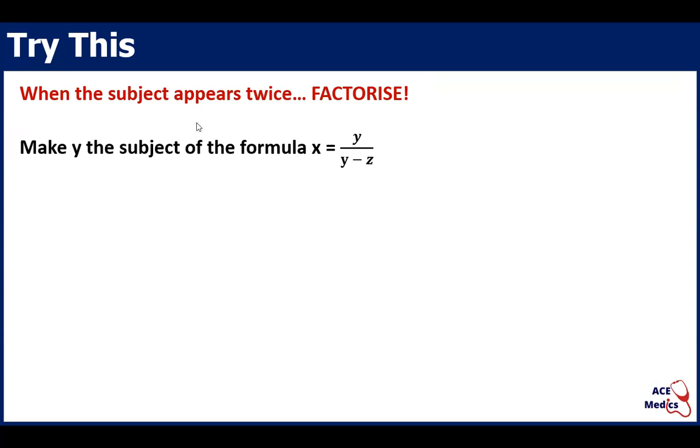So I'll give you a little head start. So we want to multiply by y minus z to get rid of our fraction. It's going to look a bit like that. And I'll see if you can go from there.